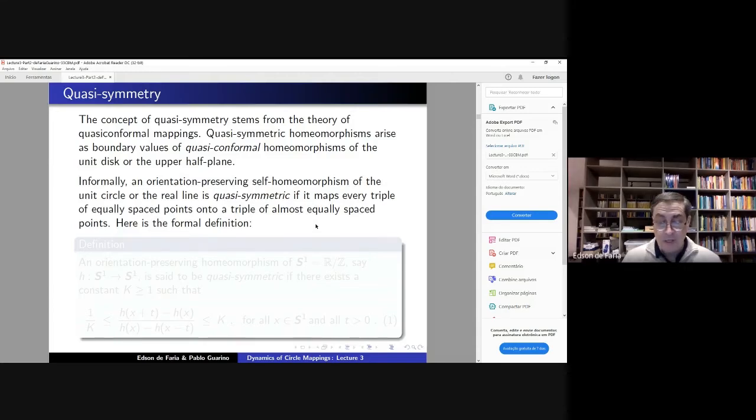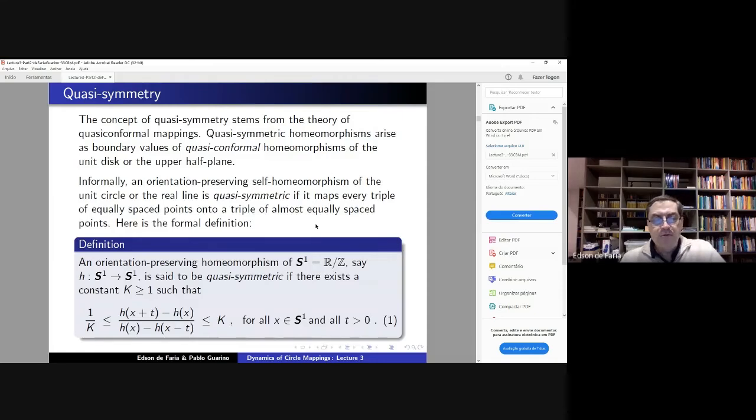In the domain, these intervals have the same length. In the range, the ratio of the lengths is bounded above and below by some constant. So in formal terms, here's the definition.